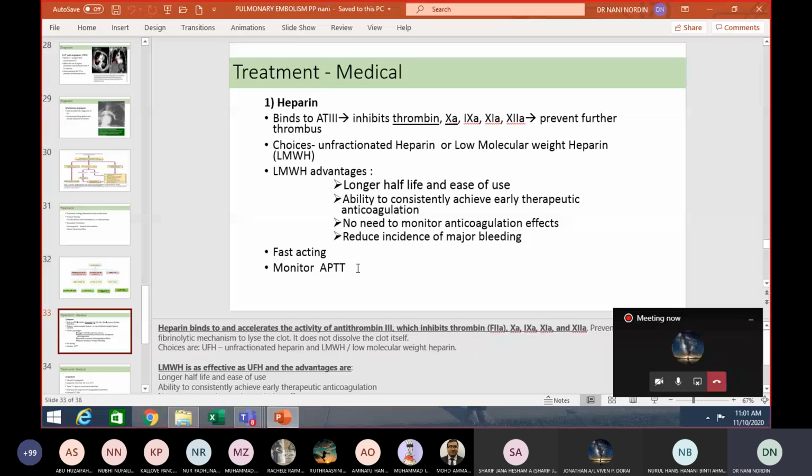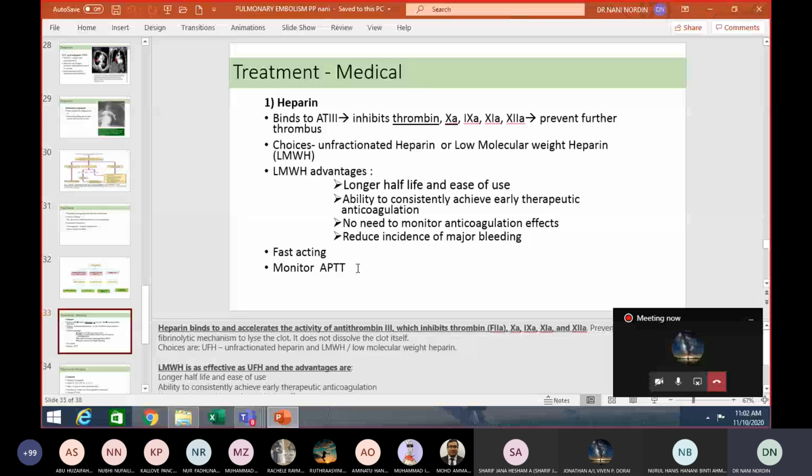You don't need to monitor APTT quite often, and you will have less incidence of bleeding, because the side effect of heparin is bleeding, major bleeding. So with low molecular weight heparin, there is less incidence of bleeding.